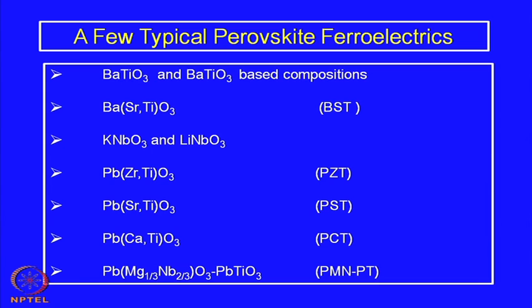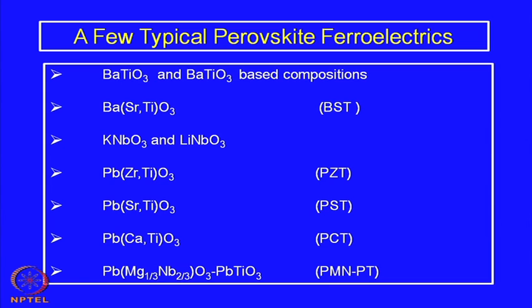In the perovskites, actually A is normally divalent and B is tetravalent. However, in these niobates the A site is monovalent, whereas the B site is pentavalent. So, 1 plus 5 is 6. In the normal perovskites also, 2 plus 4 is equal to 6.